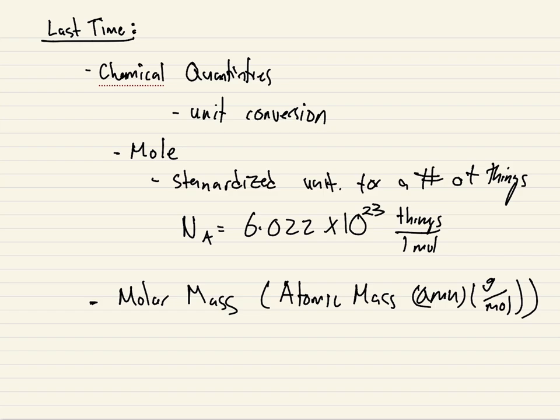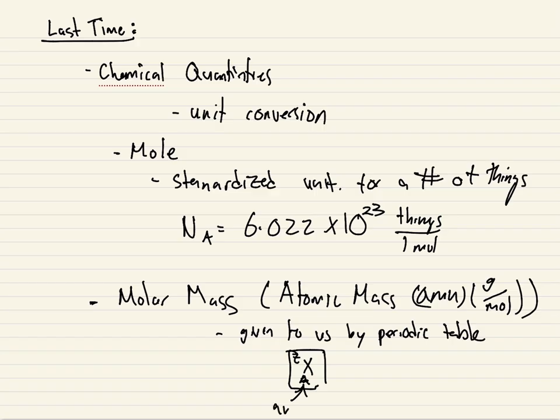And so this was given to us by the periodic table. If we had our icon, the atomic number is up here, the element, and then the atomic mass was given right below that element on most periodic tables.